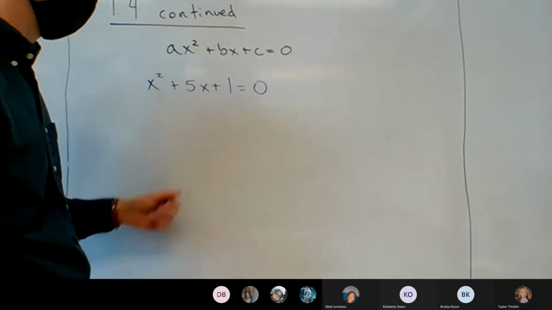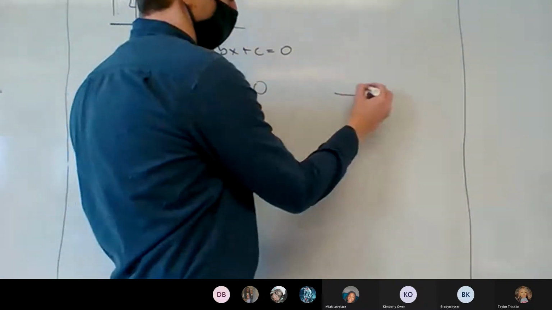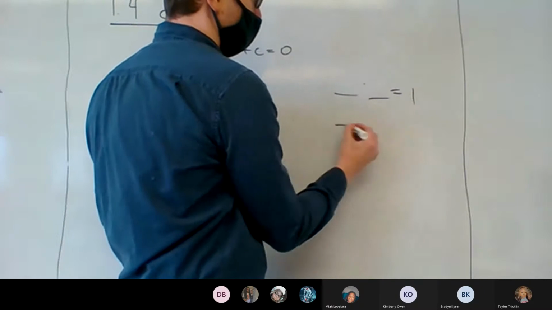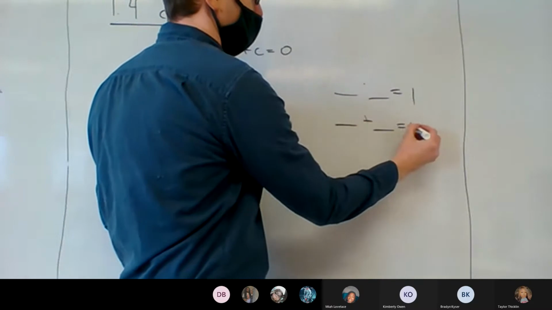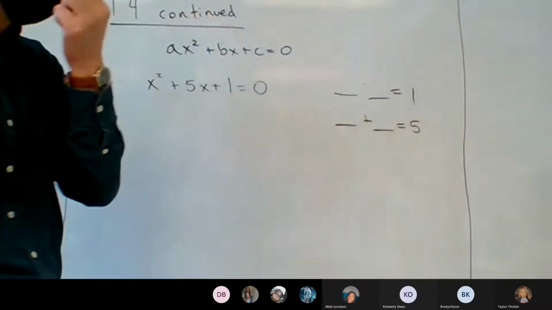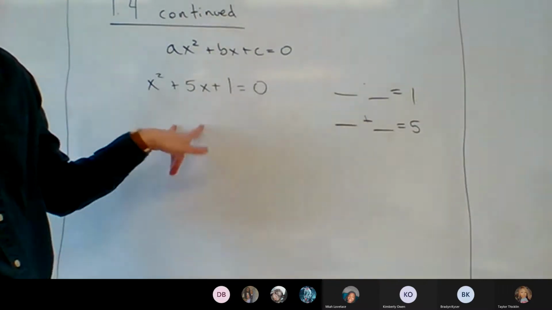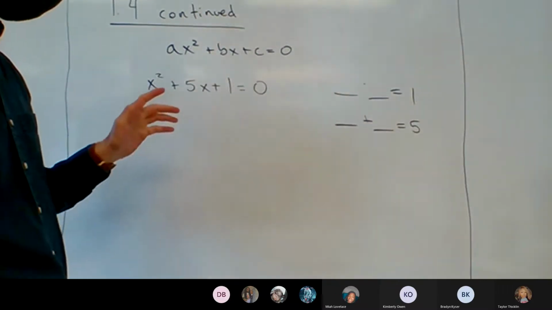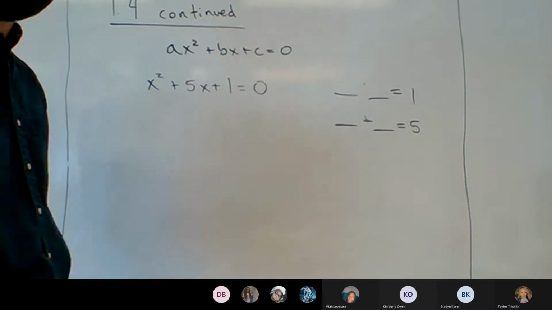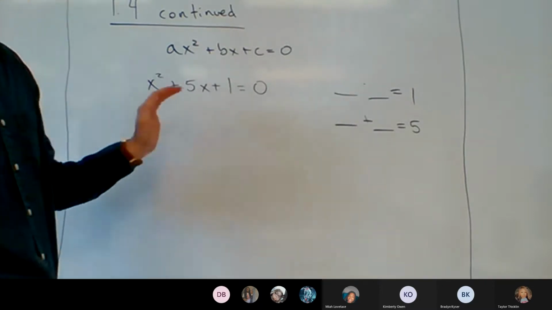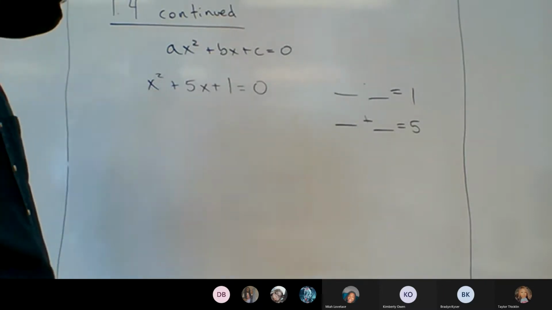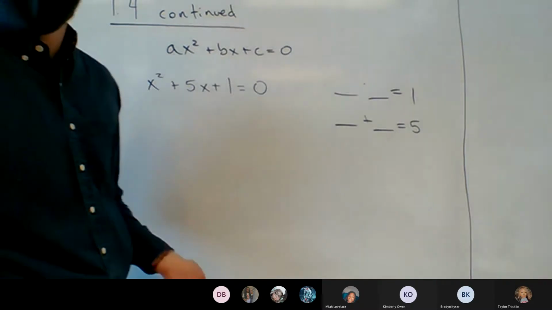But you need two numbers such that the product is 1 and the sum is 5. Well, there's no way to make that happen with nice integers. There are solutions to this, but they're crazy looking. They're not like 2 and 3 or something like that. It's going to be really wild square root numbers. They're going to be irrational.